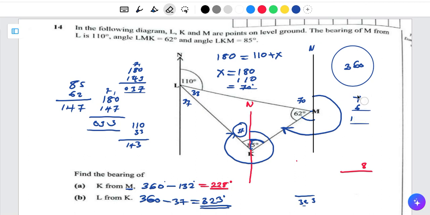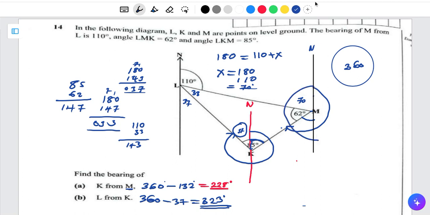So we are going to subtract 132 from 180. Then let's see what we are going to have. So this one is going to be 8. This one is going to be 4, so 48. So if this is 48, even this one is going to be 48.